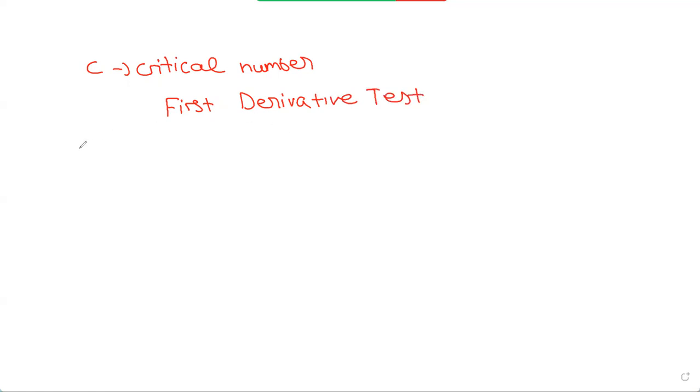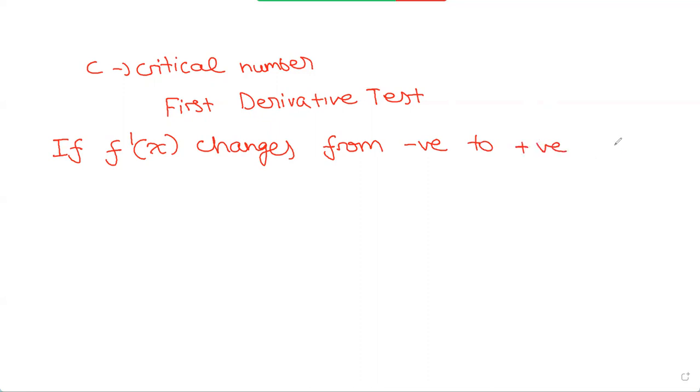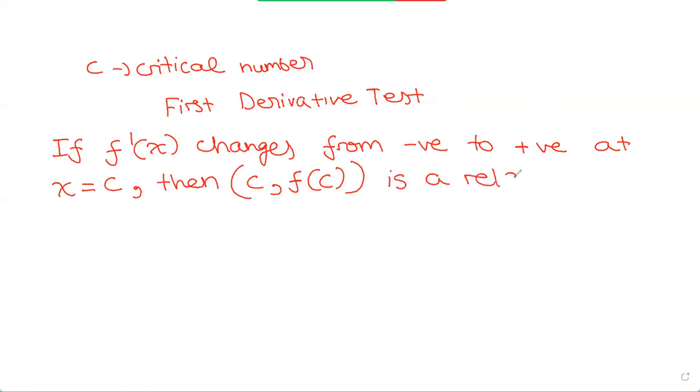So the first derivative test states that if f prime of x changes from negative to positive at x equals c, then (c, f of c) is a relative minimum of f.